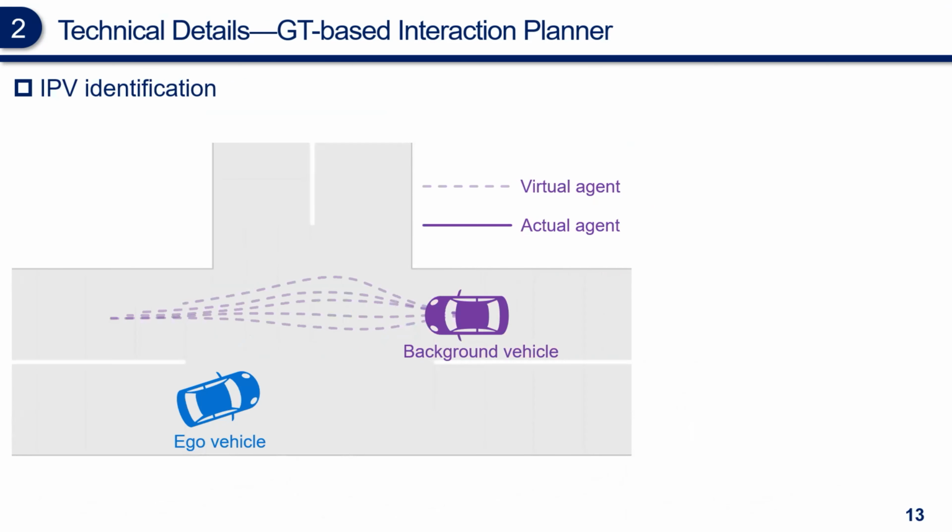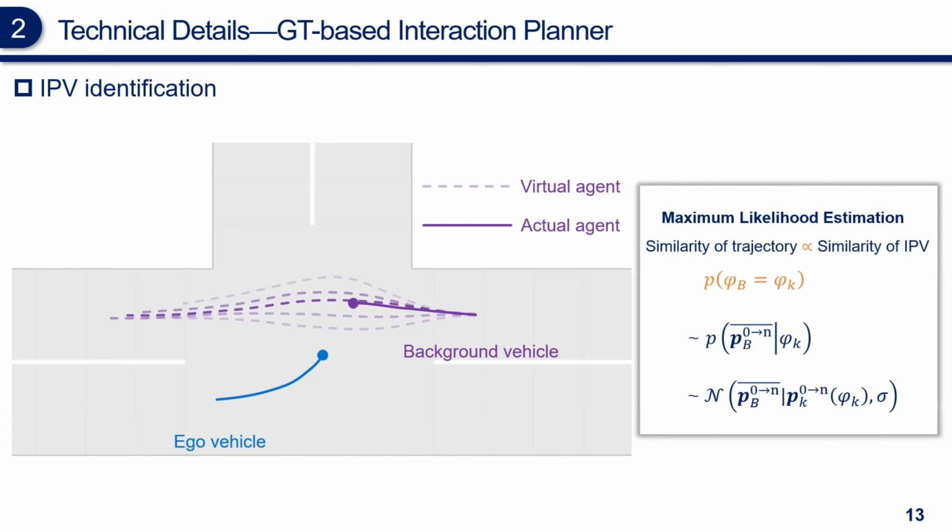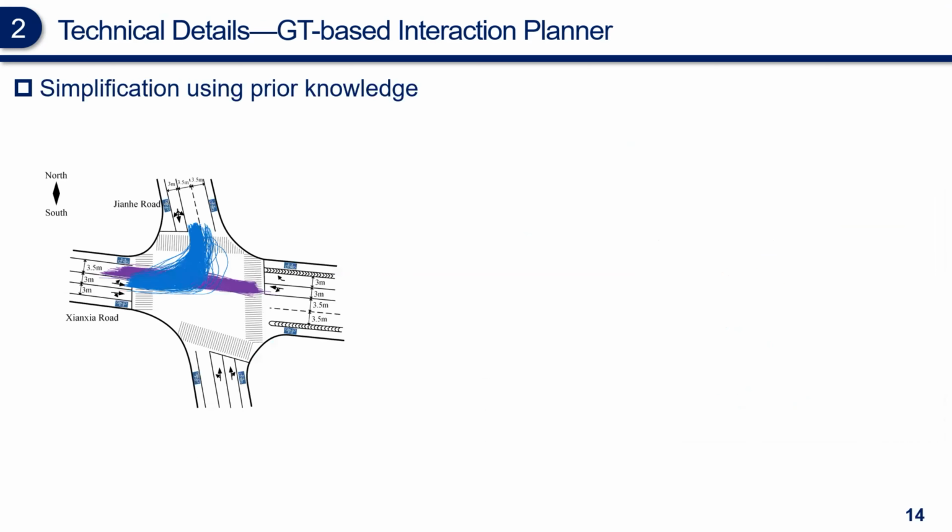And then we continuously compare the actual trajectory conducted by the background vehicle and those from the virtual candidates to identify the IPV of the actual background vehicle. This follows the intuition that the more similarity in IPV, the larger the possibility to yield the same trajectory. And this process is supposed to run online, but we simplified it to avoid expensive computation.